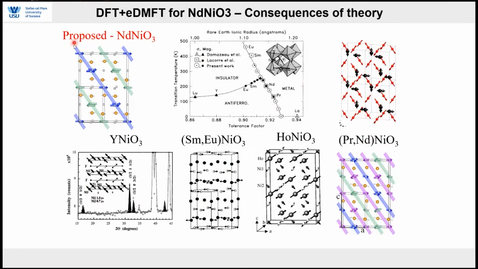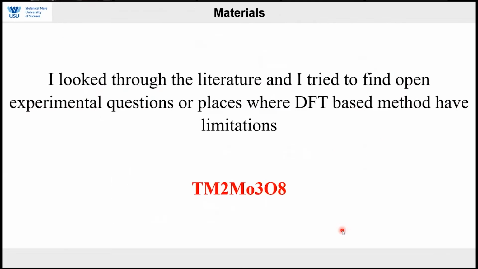But if you look at our paper, we took this magnetic state, and with this magnetic state, we could fit both the neutron data and the X-ray data. So we believe that this is the true magnetic state for neodymium nickel oxygen 3, not the one where you have finite moments on both sides.